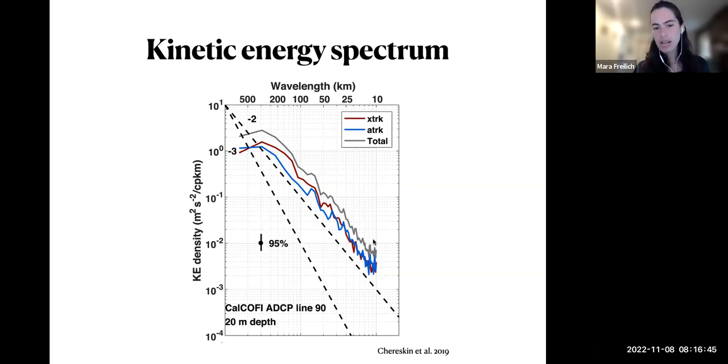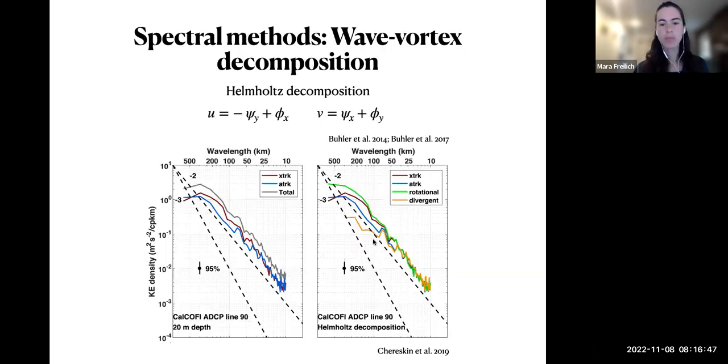And so to get at the dynamics from a kinetic energy spectrum, one method that's become common in recent years is to do a wave vortex decomposition. The idea here is that while for kinetic energy we're looking at velocity components, we can decompose those using mathematical methods introduced by Oliver Buehler that allow us to decompose this into a stream function and a velocity potential.